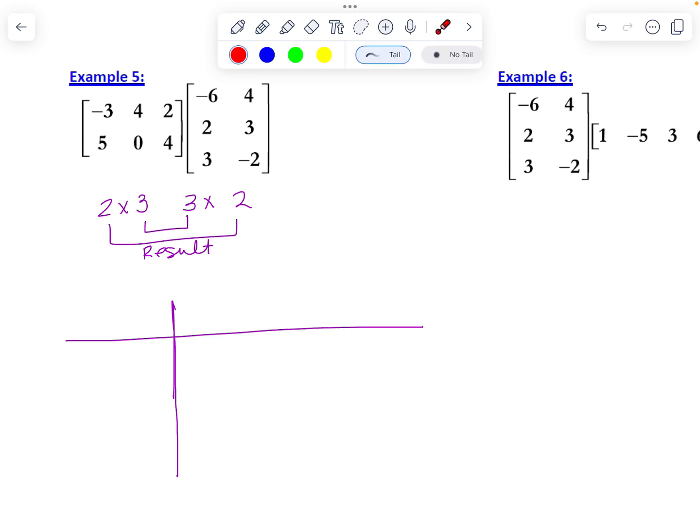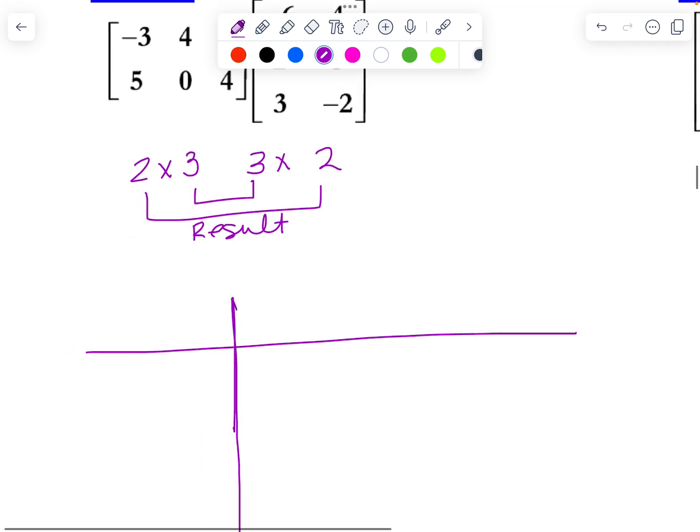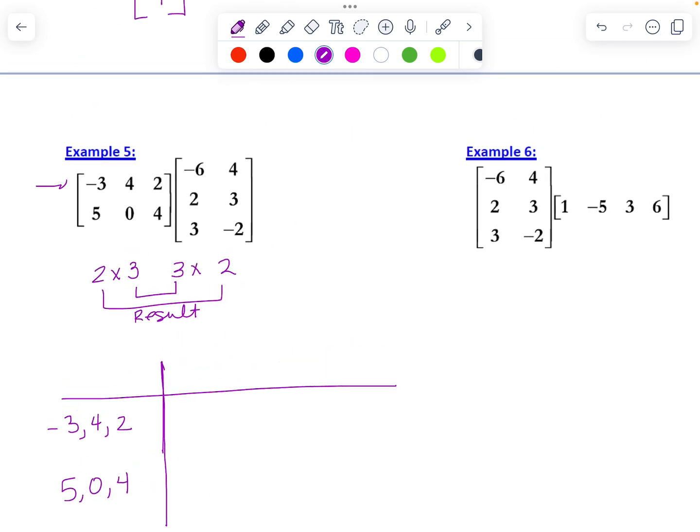Now I'm going to think about across. This time I have negative 3, 4, 2, 5, 0, 4. So I did across. Now I'm going to do down, but I'm going to write it horizontally. And then I'm going to do the same thing with my column: 4, 3, negative 2.